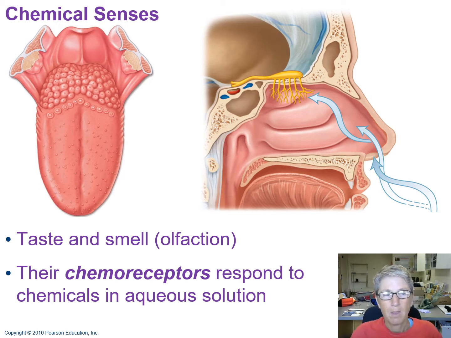So if you dry your tongue, like you pat it dry with a paper towel, and then you put some sugar on your tongue, you won't taste the sweetness because the sugar molecules didn't dissolve. And then once you start bringing fluid back to your tongue, then you can taste the sugar.